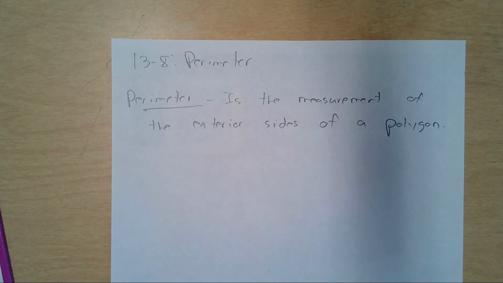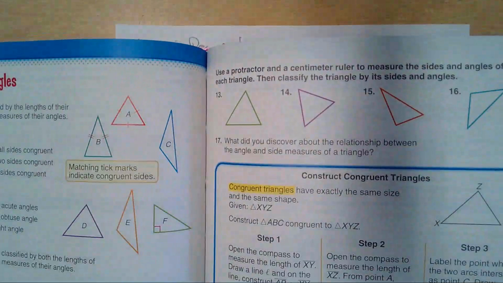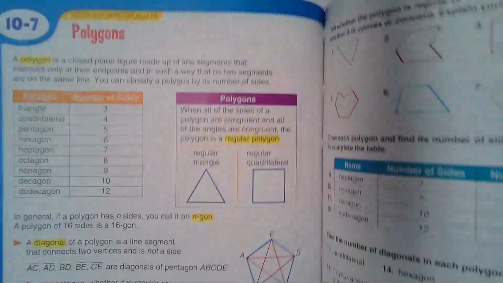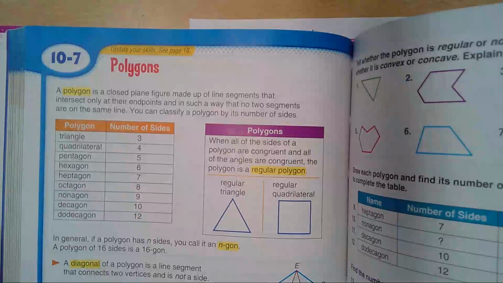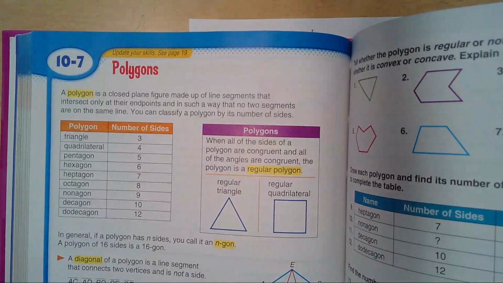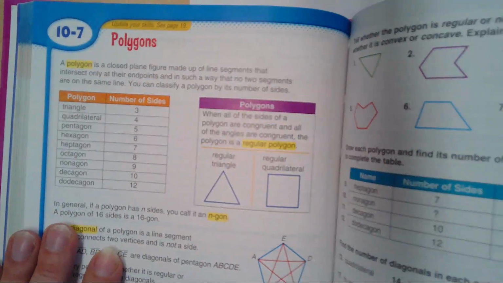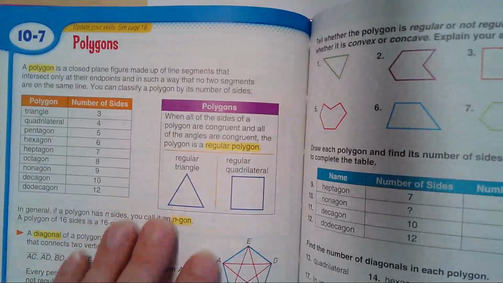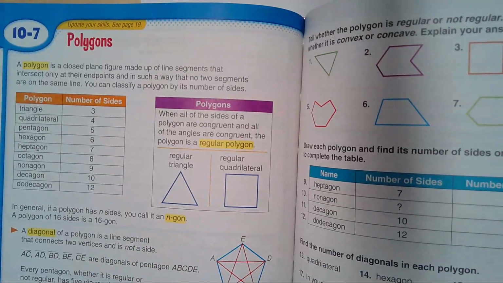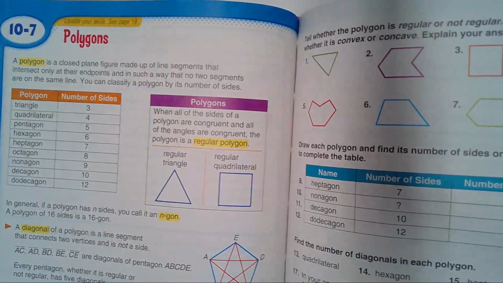And we didn't really cover what polygons are. We would have to go back to chapter 10, which we have not done here. But I'll just take a moment here. I'm looking at 10.7 here. Polygons are made up of lines, not curvy lines, not circles.